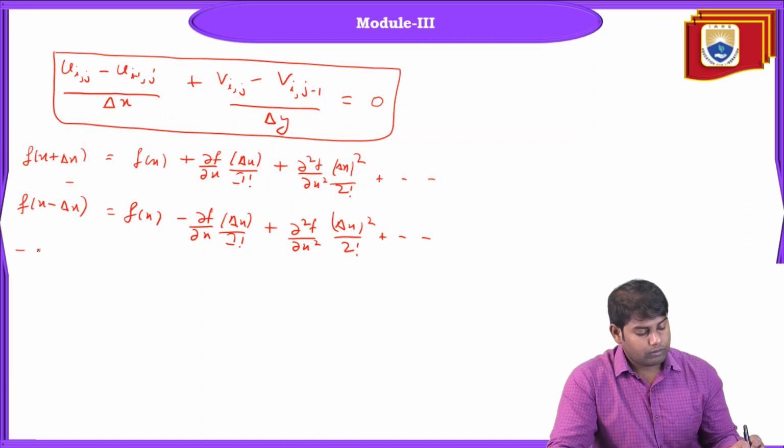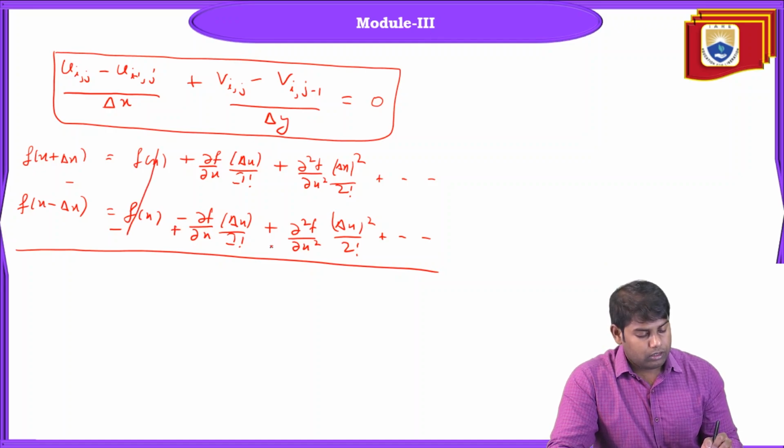When we do the subtraction, what happens? The f(x) terms get cancelled, the first-derivative terms add up, and the second-derivative terms get cancelled.